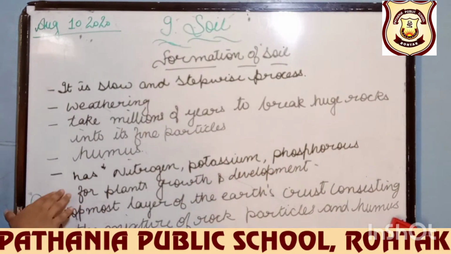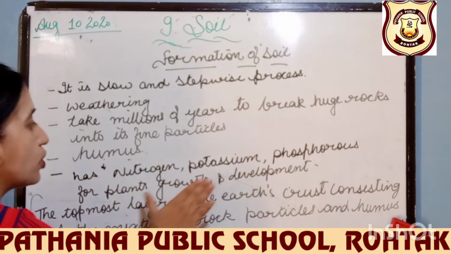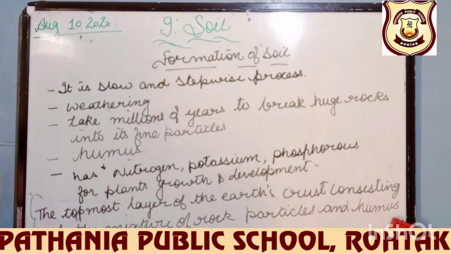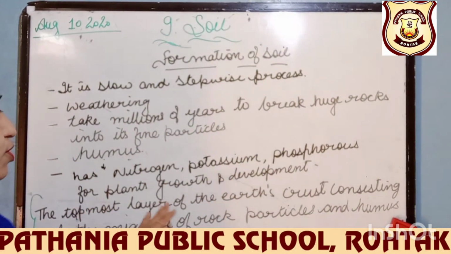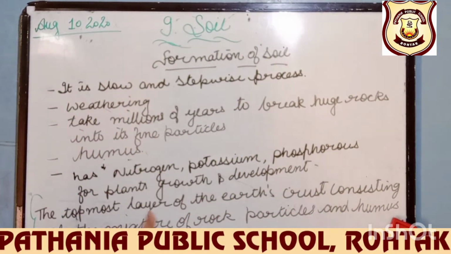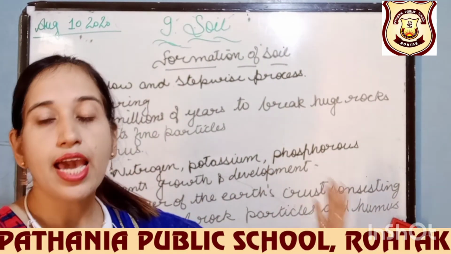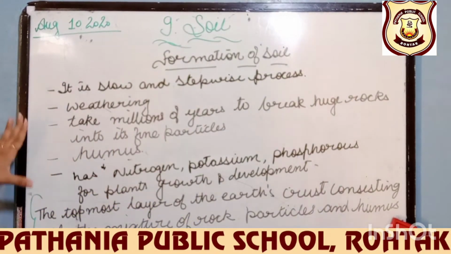These nutrients help the plant for its growth and development. So from all this introduction, we come to know what soil is. Soil is the topmost layer of the earth crust, consisting of a mixture of rock particles and humus. So I have done the introduction of soil with you.